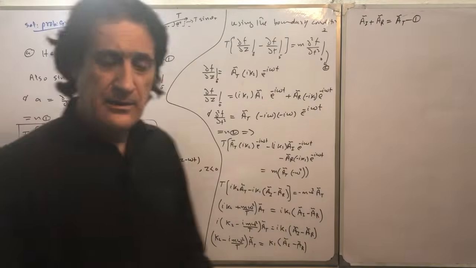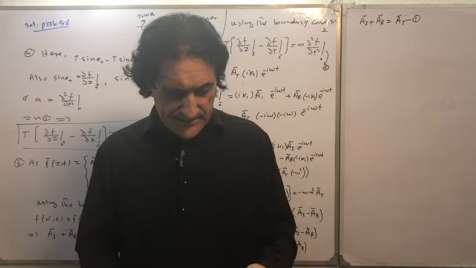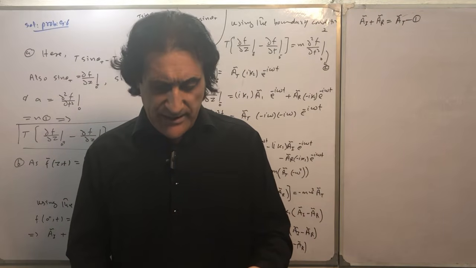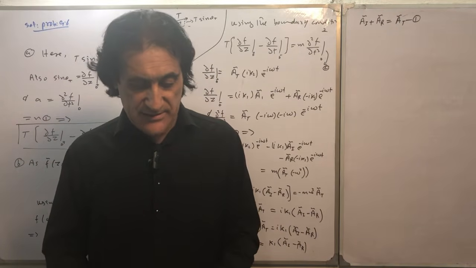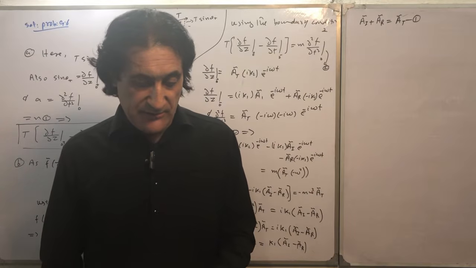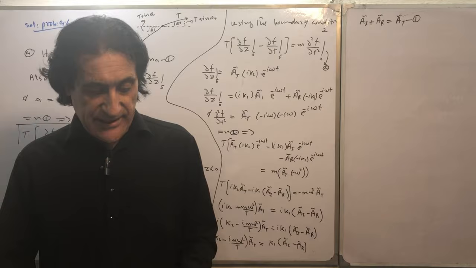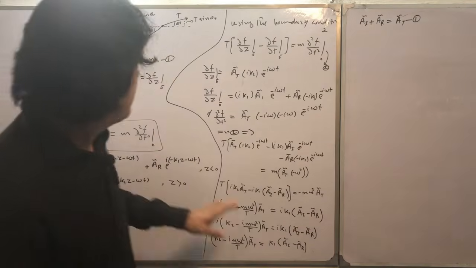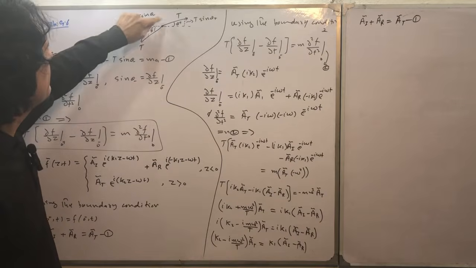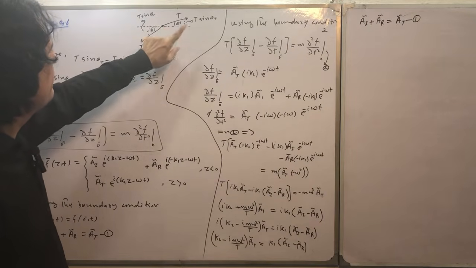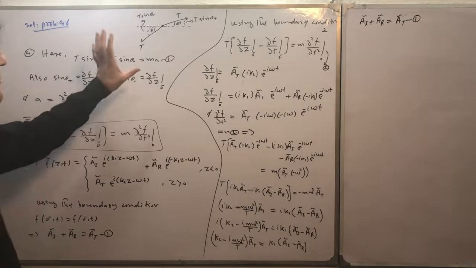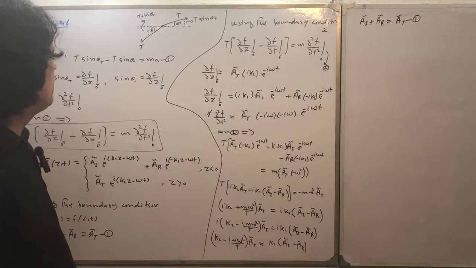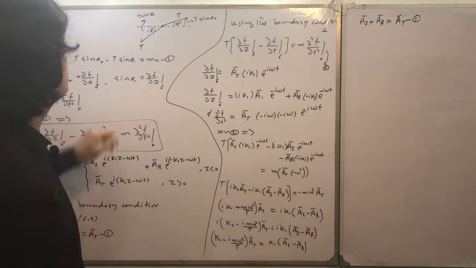Problem number 9.6. It states: formulate an appropriate boundary condition to replace partial f divided by partial z, which is equal to partial f divided by, for a case of two strings under tension T joined by a knot of mass M. Here we have a knot, and we have a string here, and we have to formulate a boundary condition using this diagram.